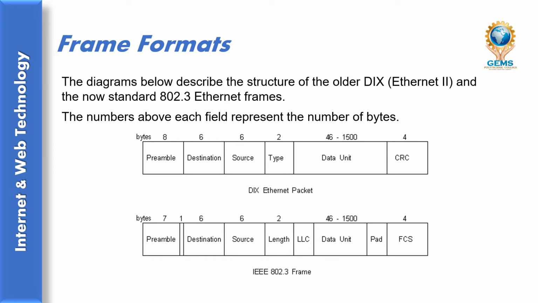The DIX Ethernet format is the older one, but the IEEE 802.3 frame format is the new one. They are not too different, but comparatively, the IEEE 802.3 frame format additionally has a length field and LLC. So we will see one by one what they are.